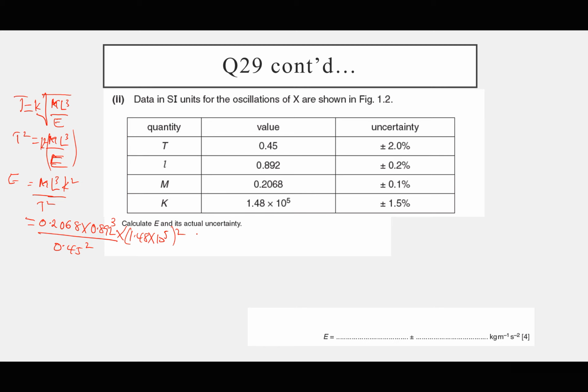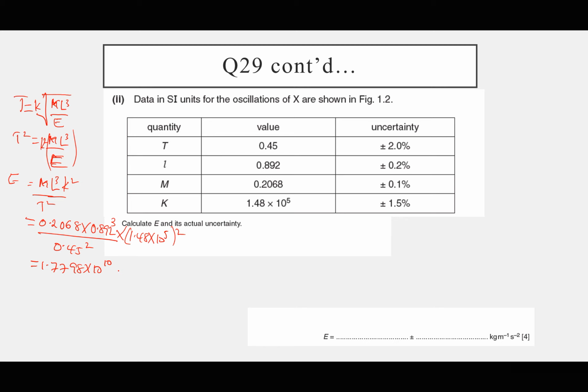So I am getting, you can also check your calculator, 1.7798 times 10 power 10. Because these are in SI units, that is kilogram per meter per second squared. That is the Young modulus in SI units.